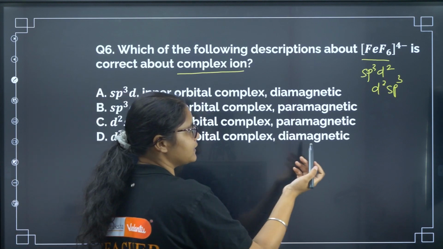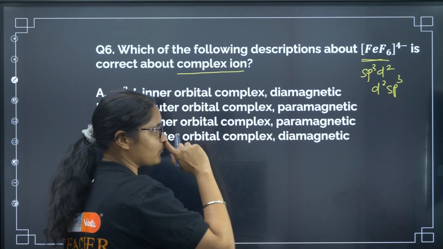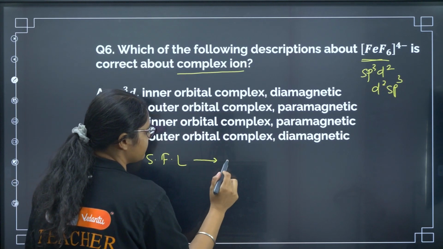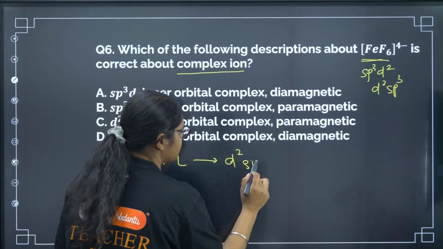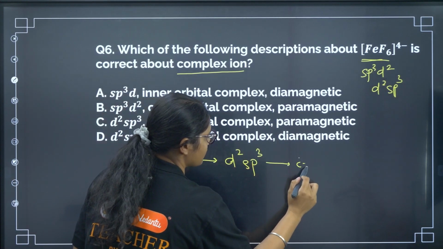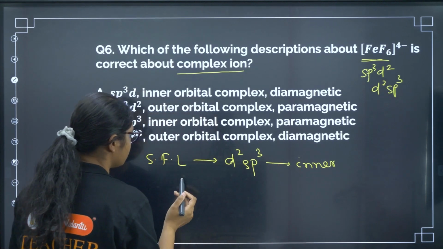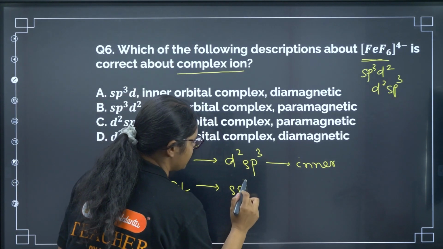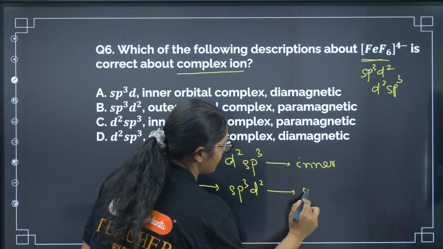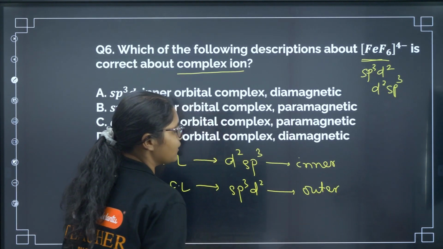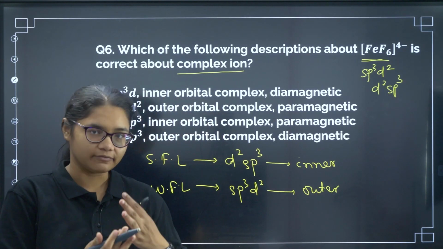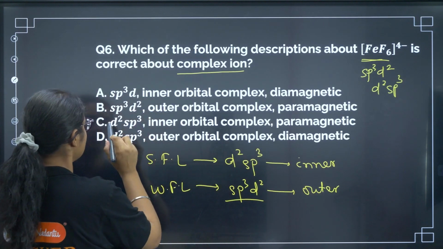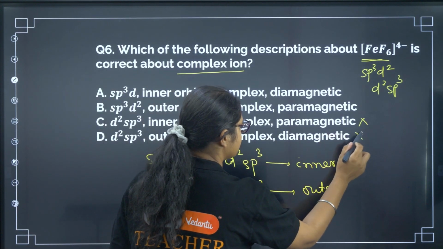Now checking whether it is an inner orbital complex or outer orbital complex, whenever we have a strong field ligand, it will give you d2sp3 hybridization, which is inner orbital complex. Now if we have a weak field ligand, we will have sp3d2, which is an outer orbital complex. Now here the ligand is fluorine, which is a weak field ligand. So due to this we will have sp3d2 hybridization. So we can eliminate option number C and D.